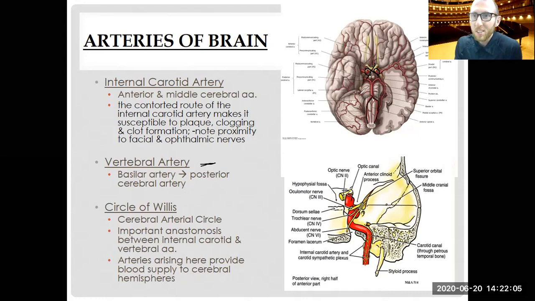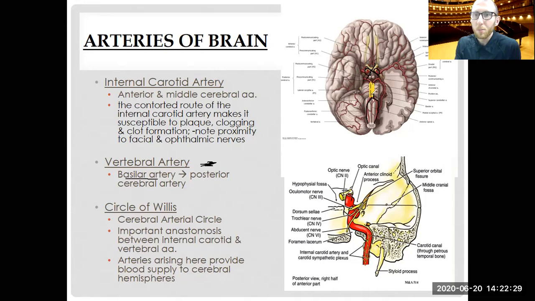Small groups, make sure you know what the vertebral artery travels through in the vertebrae to get to the base of the brainstem. But at the base of the brainstem, it turns into the basilar. So this becomes the basilar, and let me use a different color here. This is the basilar artery.